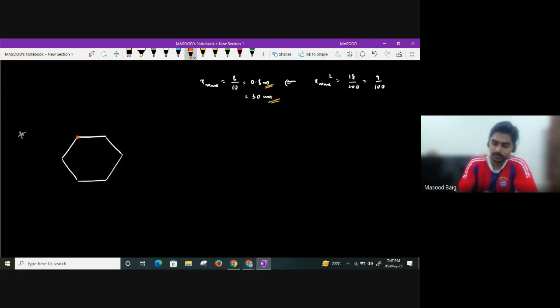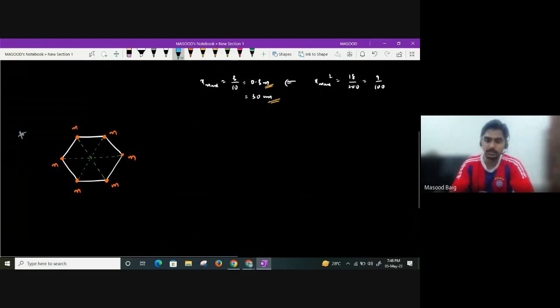Yes or no? You have identical masses here, m, m, m, m, m, and m. Now, for this system, because it is a regular, uniform, geometrically shaped object, I've already told you, for uniform, regular geometrically shaped objects, where will the center of mass lie?